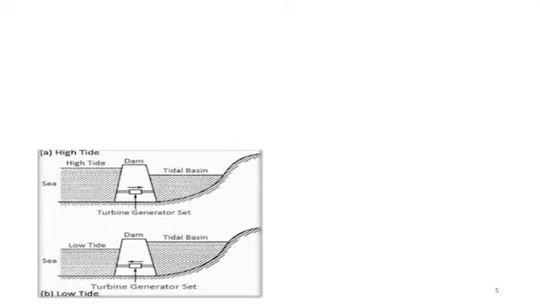Next, the second type under single basin is called power generation in a single tide, or flood generation, or tide cycle. In this system, generation is effected when the sea is at flood.